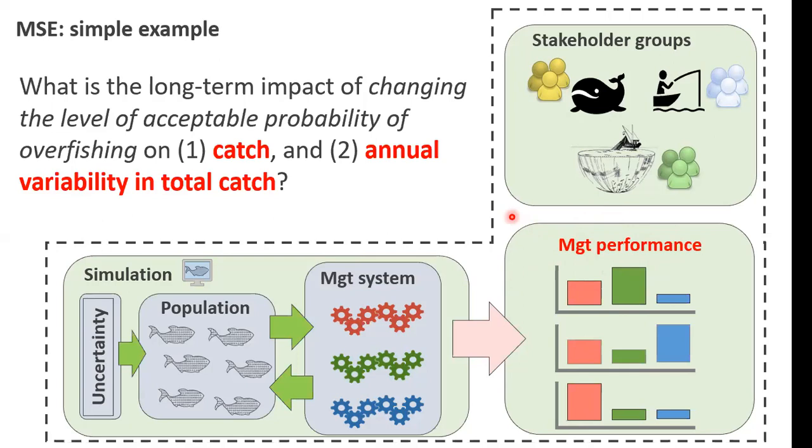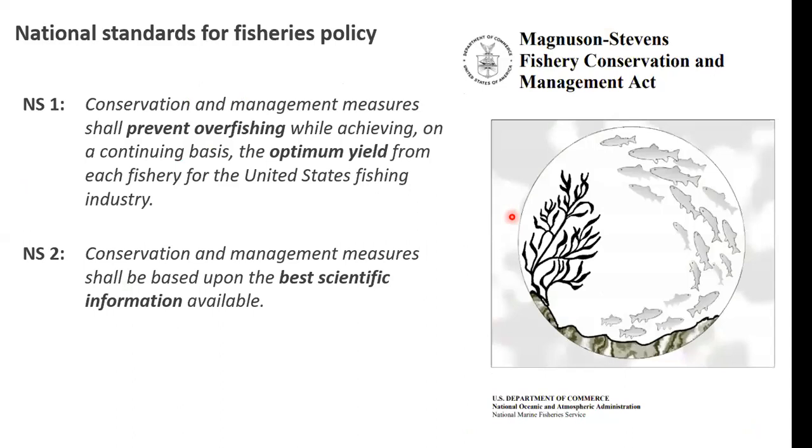So that's a general overview, and now I'll dive in a little bit more. But before I do, I think it's always useful in presentations when we're talking about fisheries to come back to Magnuson-Stevens for a second. So I have up here National Standards 1 and 2 from Magnuson-Stevens. National Standard 1 states that we need to prevent overfishing while also achieving optimum yield from our fisheries.